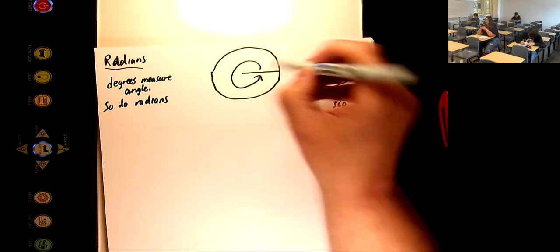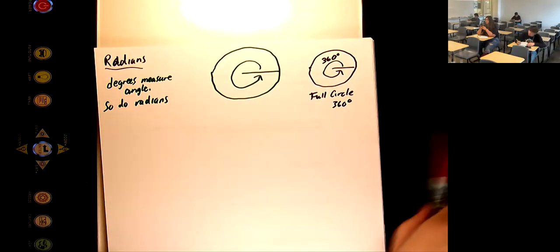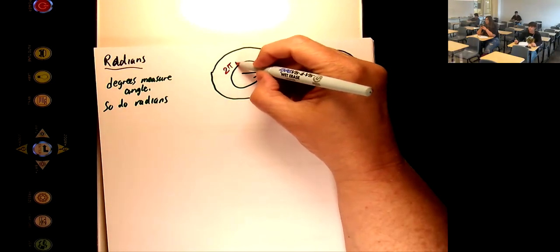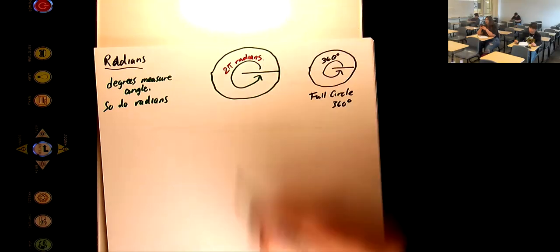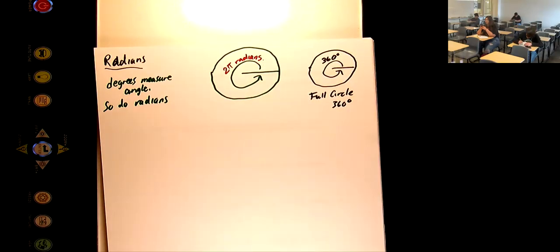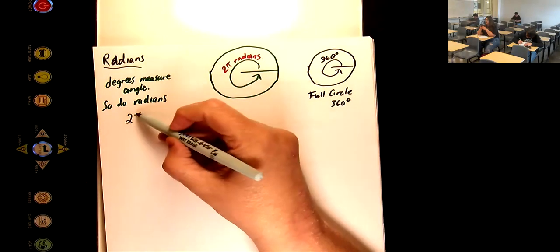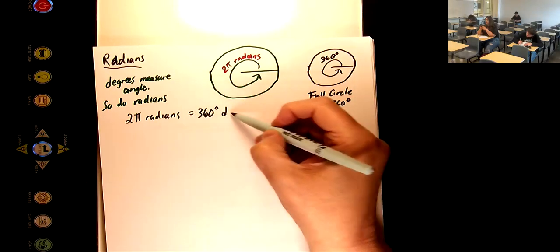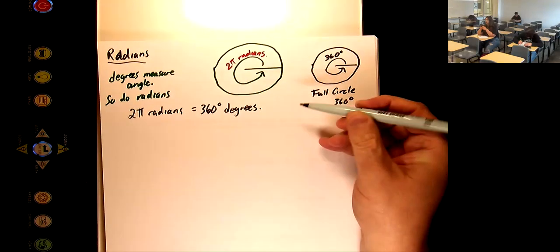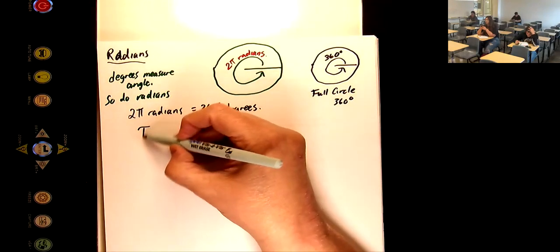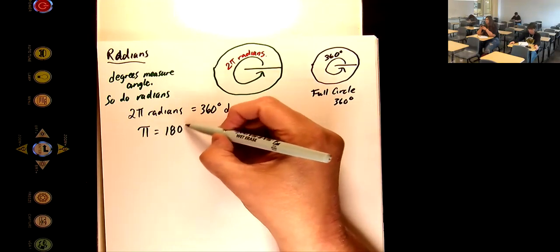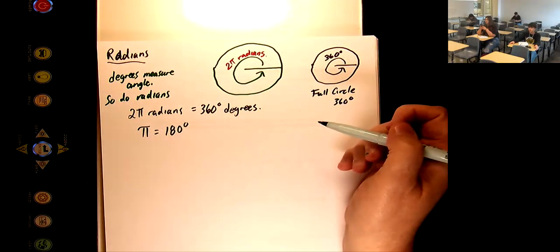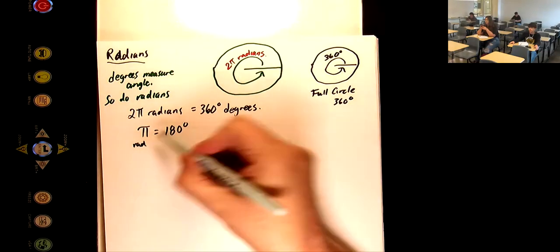And if I do the same thing here, there are 2 pi radians. So 2 pi radians equals 360 degrees. And if I divide by 2, I see the relationship that we're going to use a lot. Pi equals 180 degrees. Pi radians equals 180 degrees.